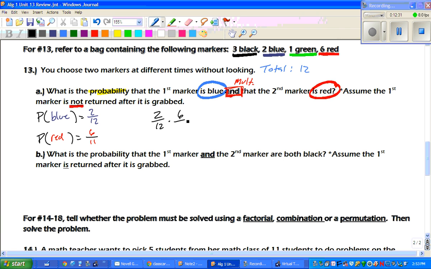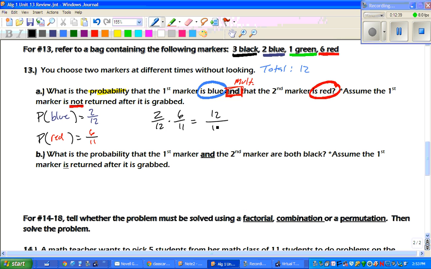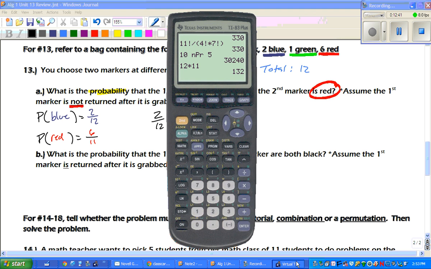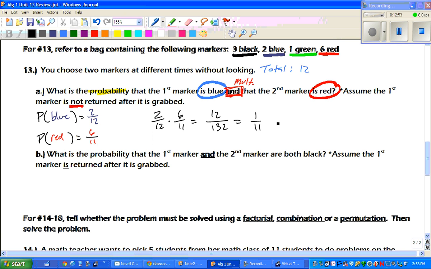So 2 out of 12 times 6 out of 11, 12 on the top, 12 times 11 is 132. I need to simplify that fraction. There's my decimal, which I'm going to need in a second. But that is 1 over 11, and that reduces to 0.09.